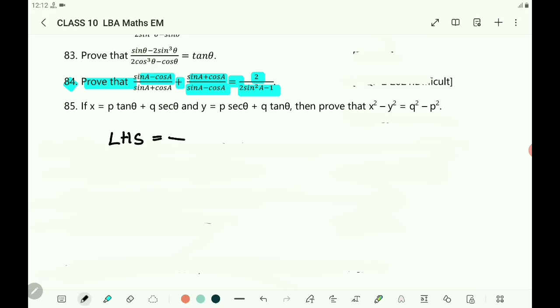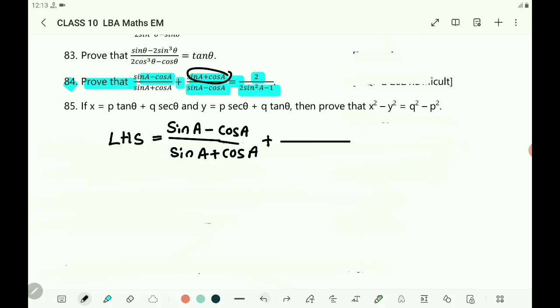LHS equals sin A minus cos A by sin A plus cos A plus sin A plus cos A by sin A minus cos A equals, here take the LCM.